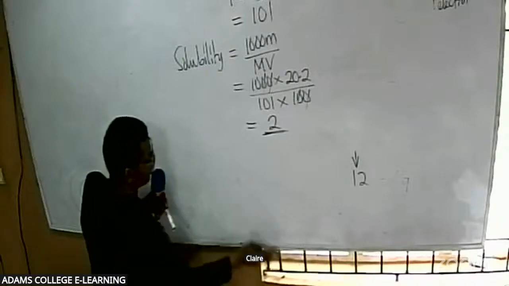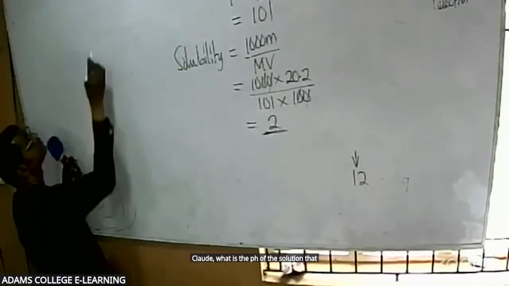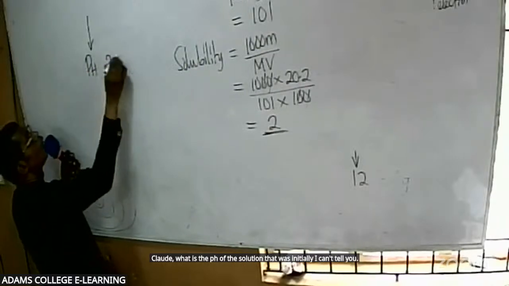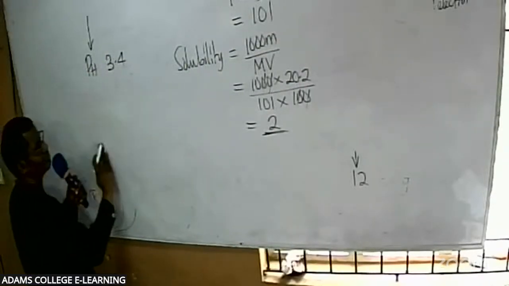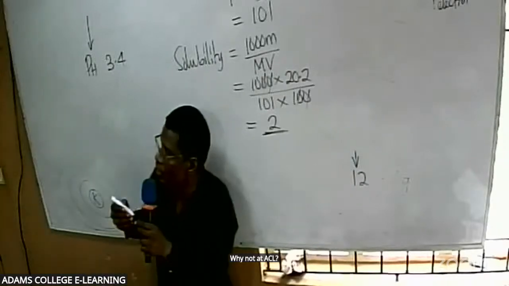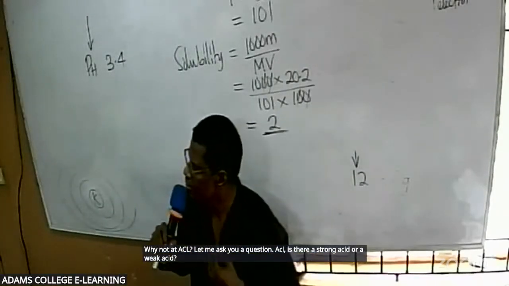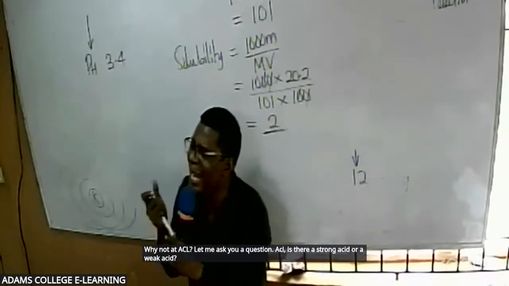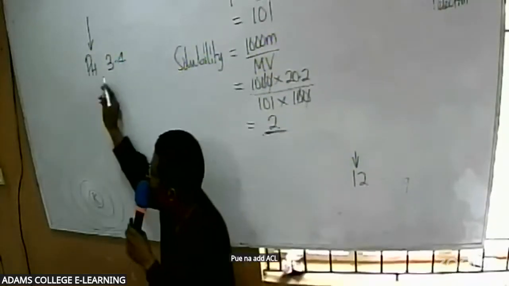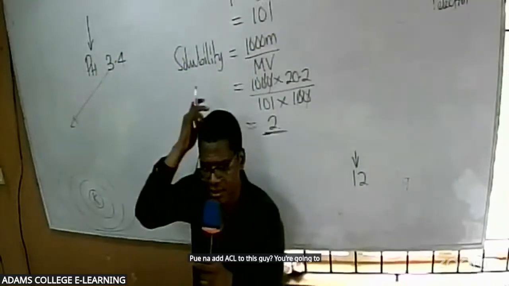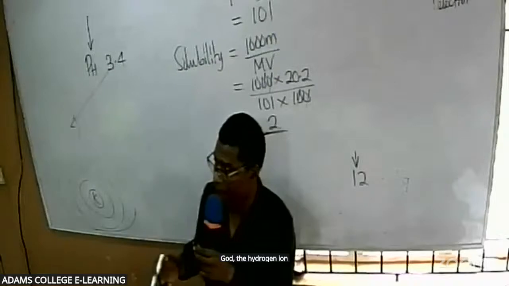What is the pH of the solution that was initially? Why now add HCl? Let me ask you a question. HCl, is it a strong acid or a weak acid? Why now add HCl to this solution? The solution will now become more acidic, with more hydrogen ions present.